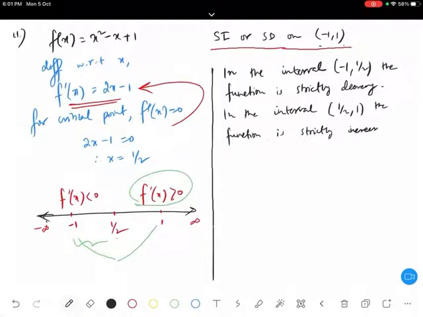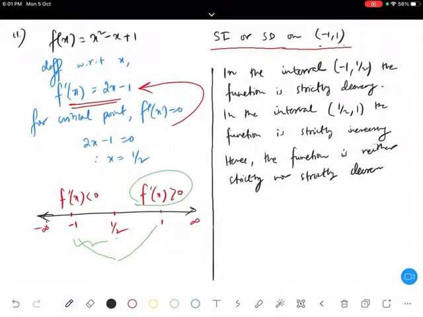So I can write: hence the function is neither strictly increasing nor strictly decreasing on minus 1 to 1.